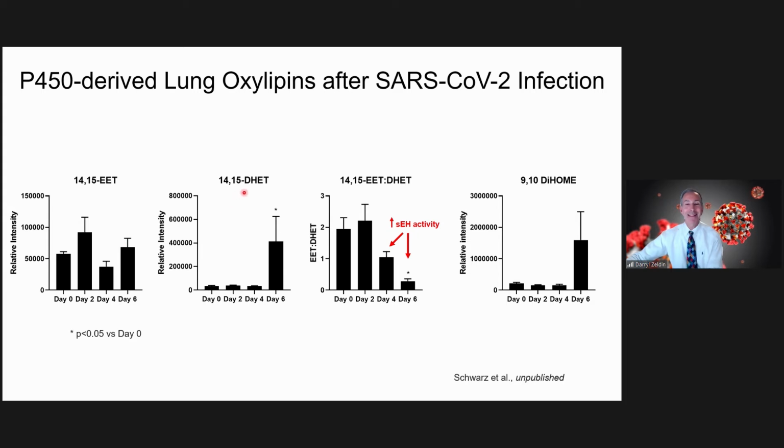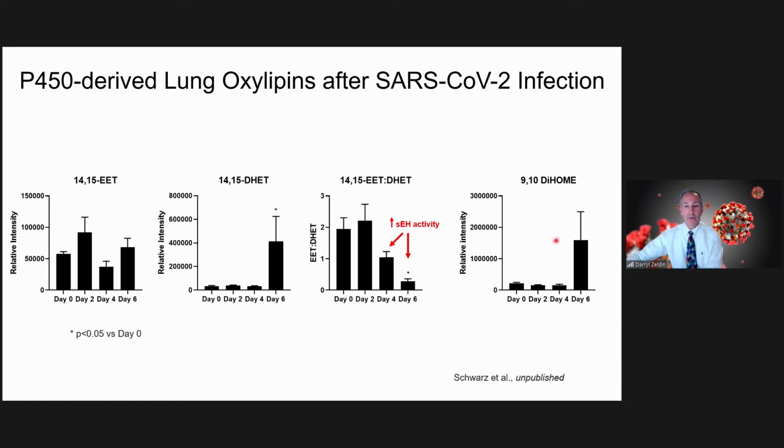The 14,15-DHET, the soluble epoxide hydrolase product, is largely unchanged early in the course of disease, but increased dramatically on day 6. Importantly, the EET to DHET ratio, which is a marker of soluble epoxide hydrolase activity, was reduced on day 4 and day 6, consistent with increased SEH expression and activity.